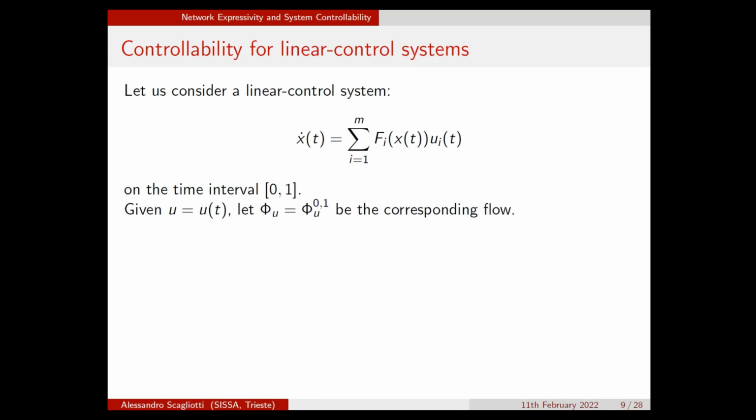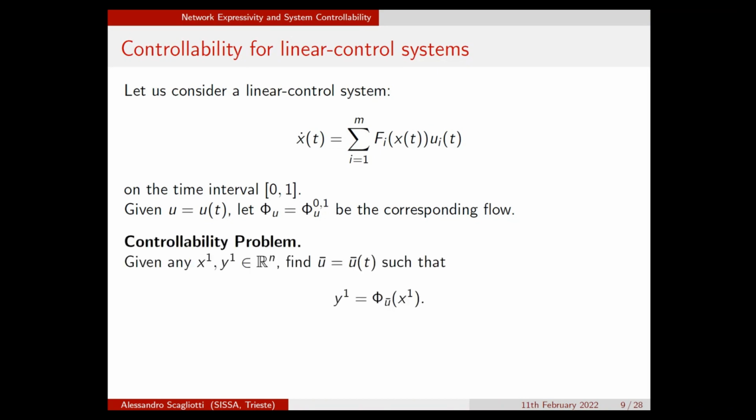Moreover, we simplify the notation for the diffeomorphism, so we drop the notation 0, 1. Given an admissible control U, we simply denote by phi U the corresponding flow at the final instant.